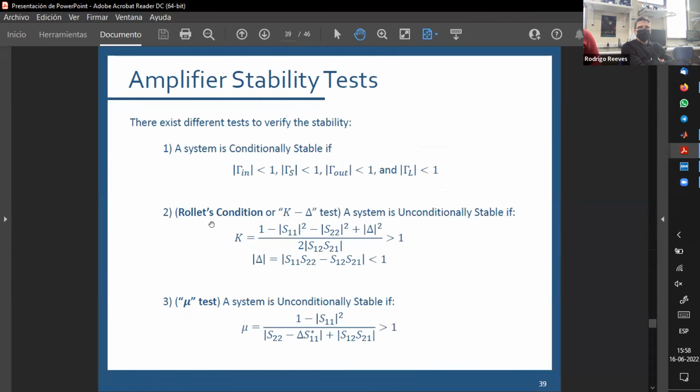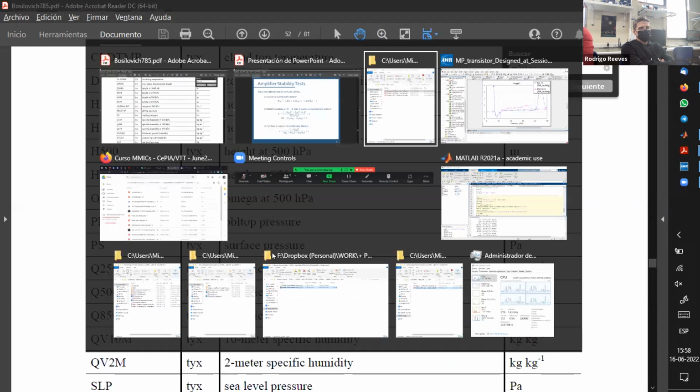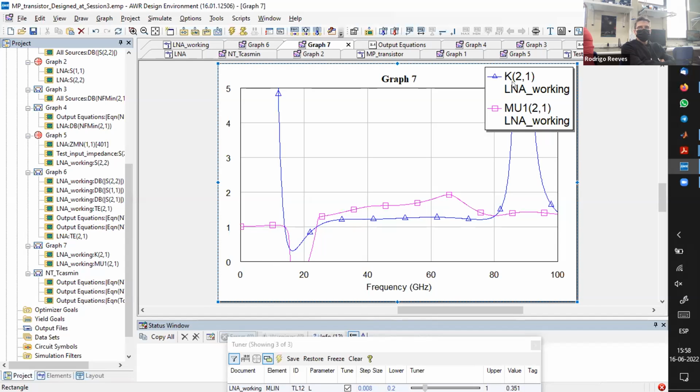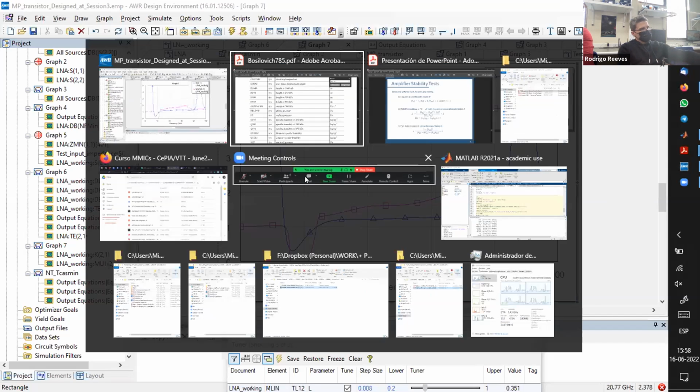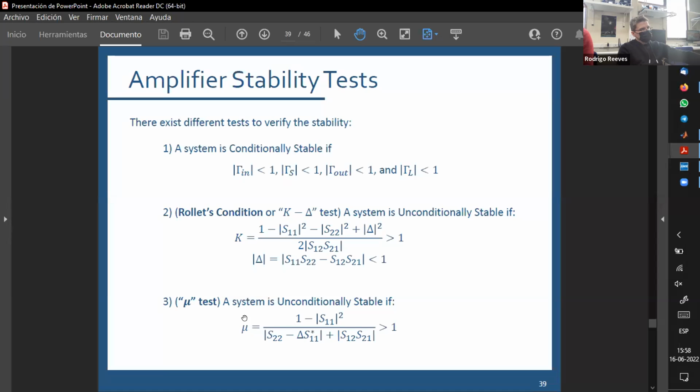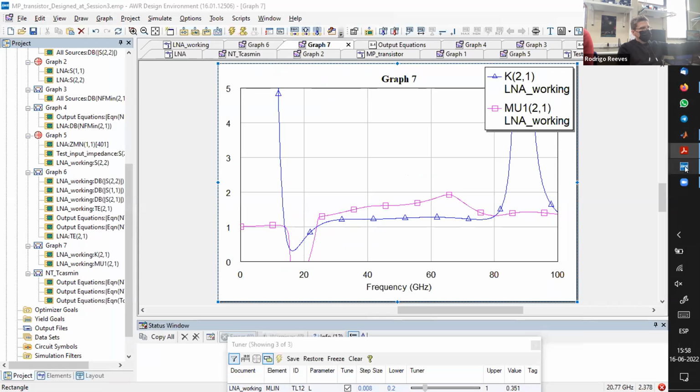Those are the conditions for stability, and what we are plotting here is K and mu. Both of them should be larger than 1, and we are seeing that this is not the case here.